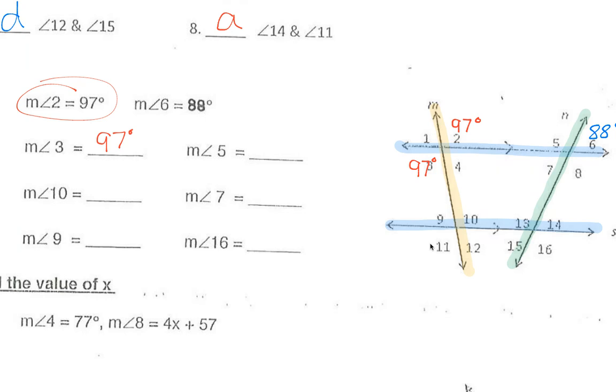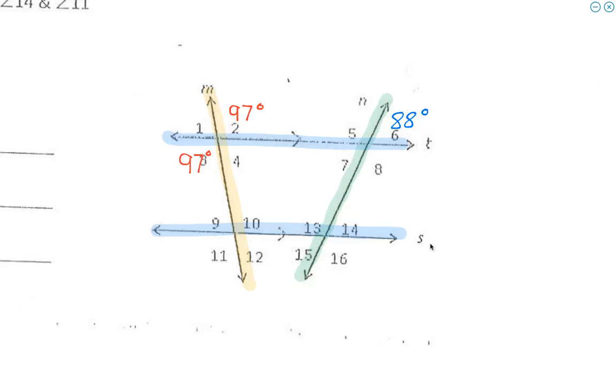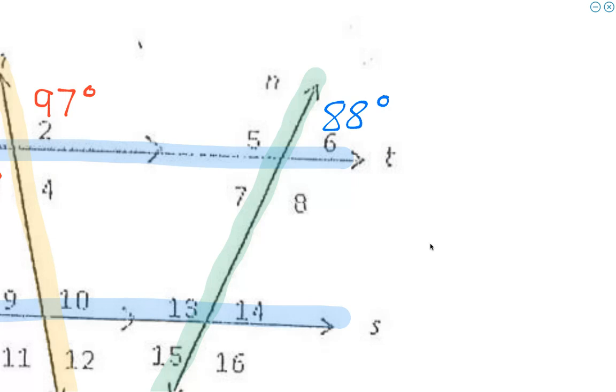Angle 5. Now, angle 5 is over with the green line. And together, these two make up that semicircle. They make that straight line. So that's 180 degrees.